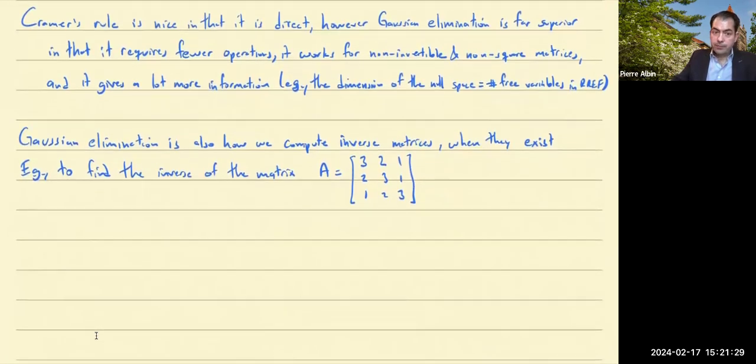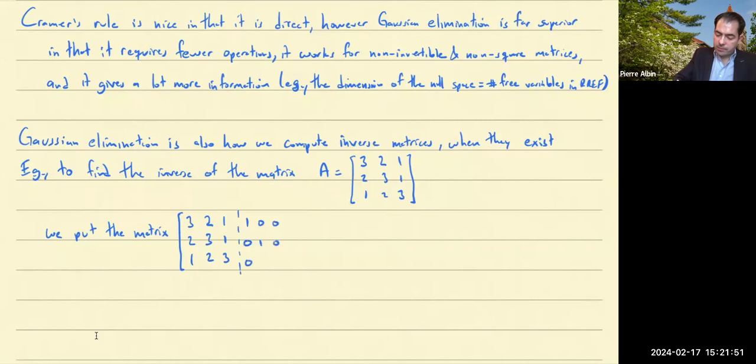Here's what you do. We put the following matrix. So put the matrix A and then augment it with the identity matrix. Then put this matrix into reduced row echelon form.